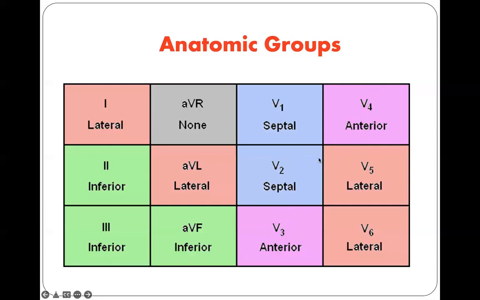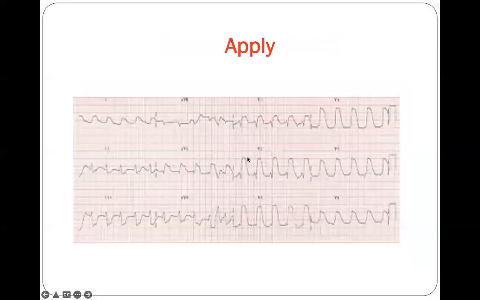and the lateral leads, the V5, V6, 1, and AVL represent the lateral leads, which are mostly supplied by the left circumflex artery, and as we have mentioned, AVR gives a global image for all walls. So let's apply.